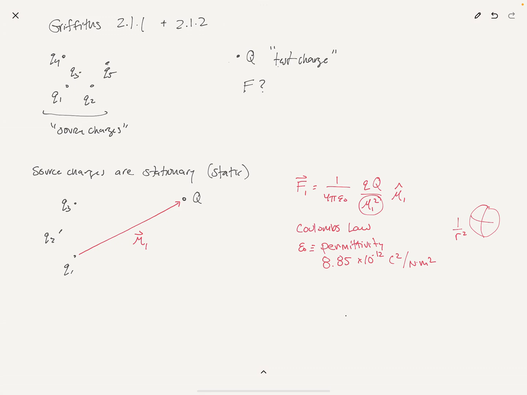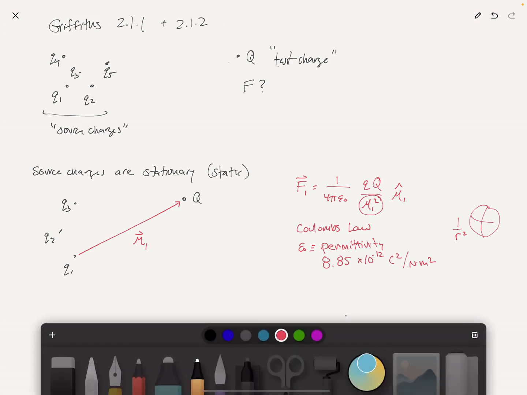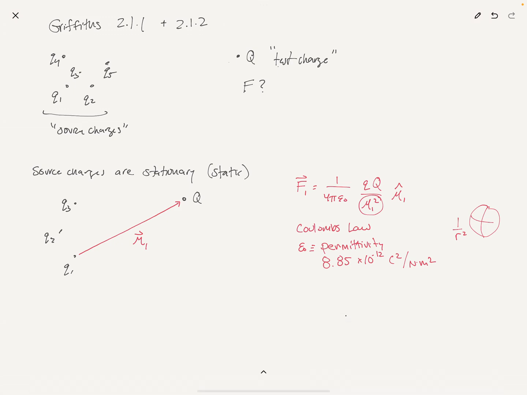Okay, so because these are pairwise interactions, I can go ahead and find the total force, which is just the sum of all of my individual forces. F1 plus F2 plus F3.